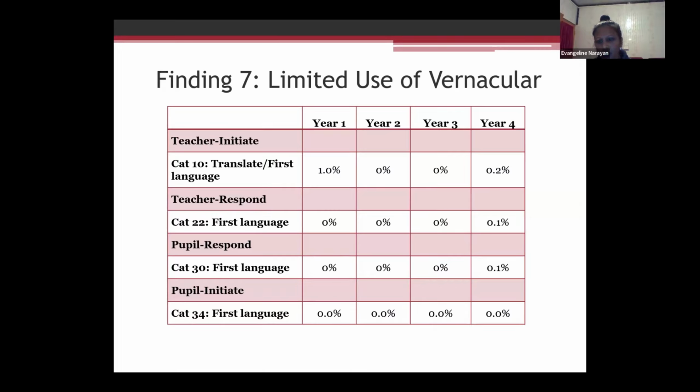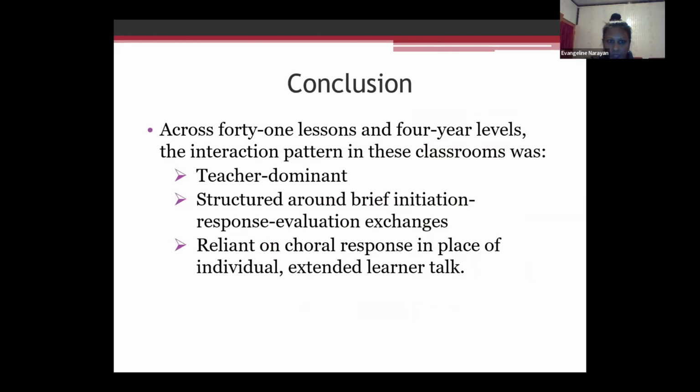Vernacular is used as an emergency translation tool when instruction in the language is not going so well, then they resort to the use of vernacular. And I believe that vernacular could be used as a tool for learning mathematics rather than just, like I mentioned, an emergency translation tool.